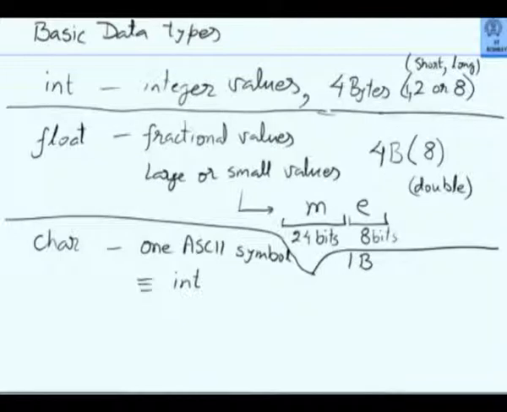Similarly, double is a version of float. Double means it is a doubly wide float. So that float is 8 bytes.